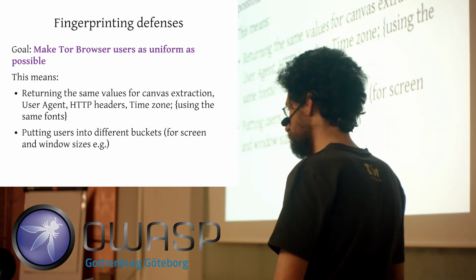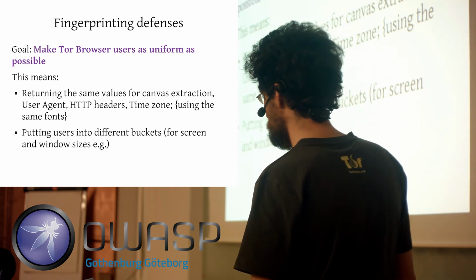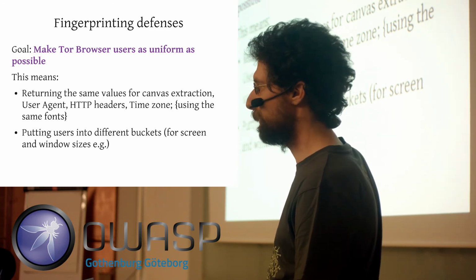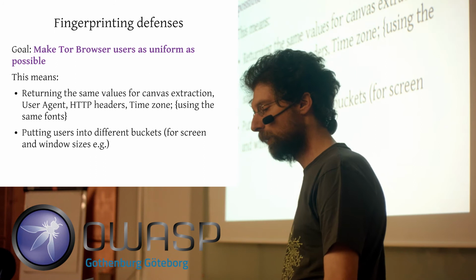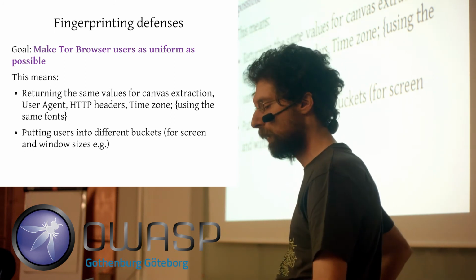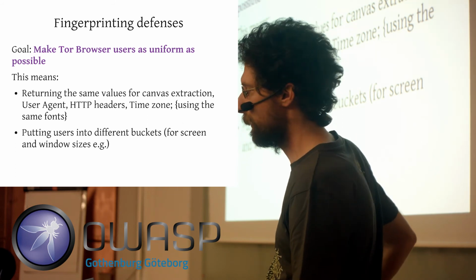Our idea is to say we want to have users as uniform as possible in this regard. This means we try to return the same values for everybody. Like the user agent is a good example.